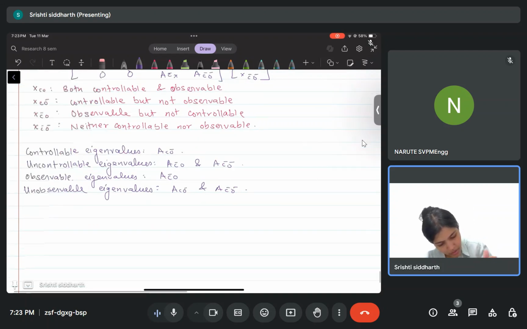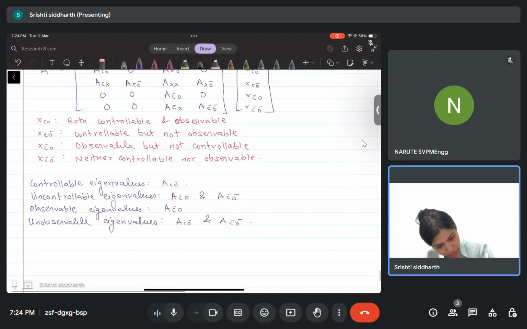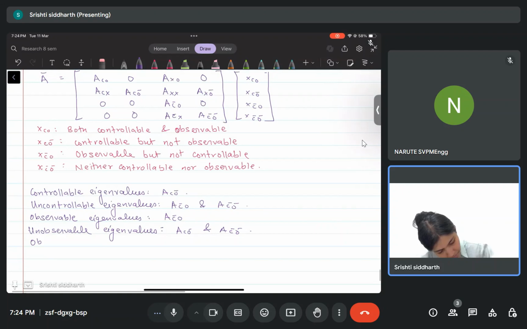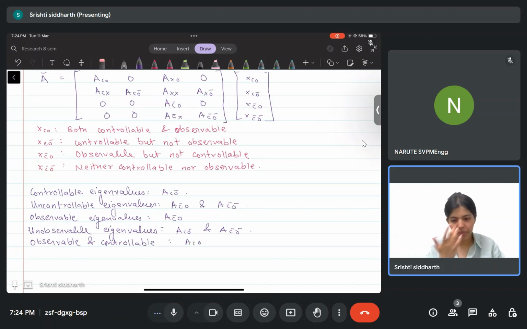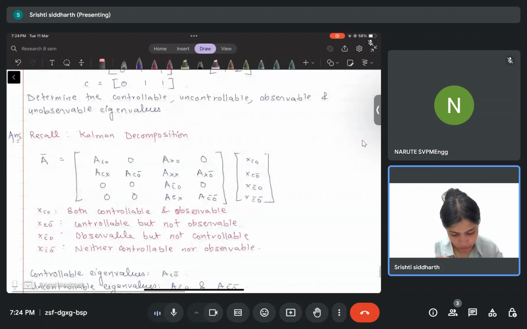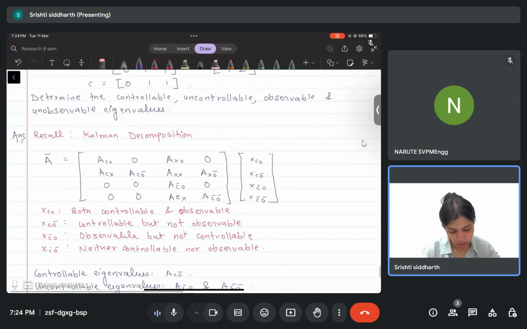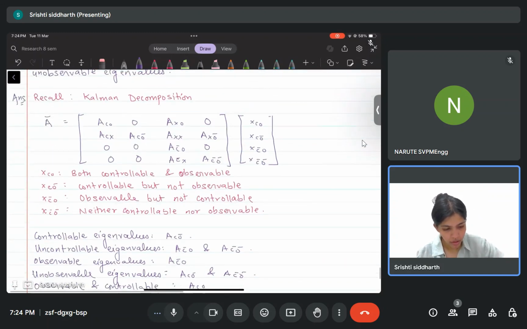Then we have observable and controllable eigenvalue would be by ACO. Alright, so I hope we can solve this question by reviewing the concept of Kalman decomposition. Now let's move on to the last question of this tutorial.